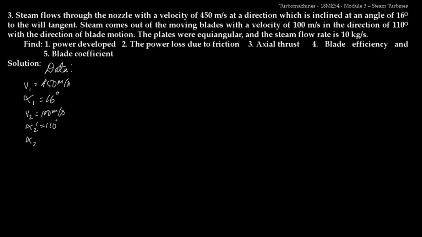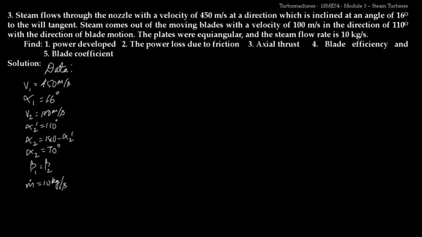So I can write alpha 2 will be equal to 180 minus alpha 2 dash. So this will be around 70 degree. So alpha 2 is given as 70 degree. The blades are equiangular, which means to say that beta 1 will be equal to beta 2, and the mass flow rate of steam is 10 kg per second.